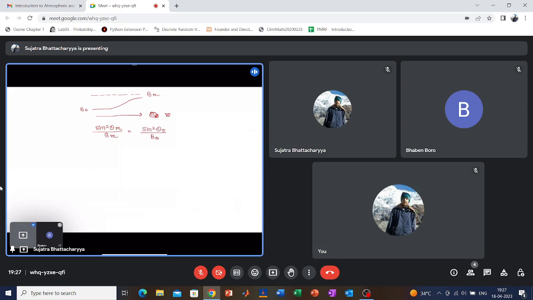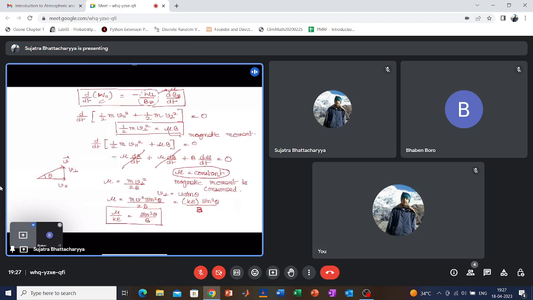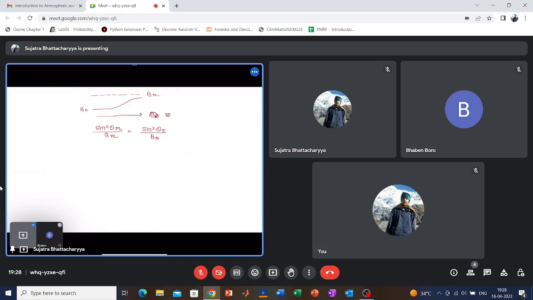Because the kinetic energy in the earlier expression is conserved, and mu is also constant, so this is a constant. So if there is a change in the magnetic field from an initial weak value to some final strong value, which is the maximum value, then this expression is also true.